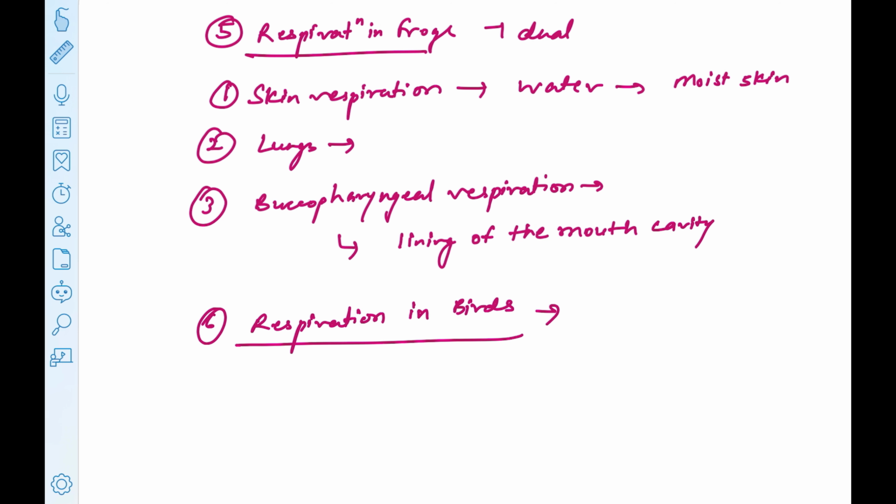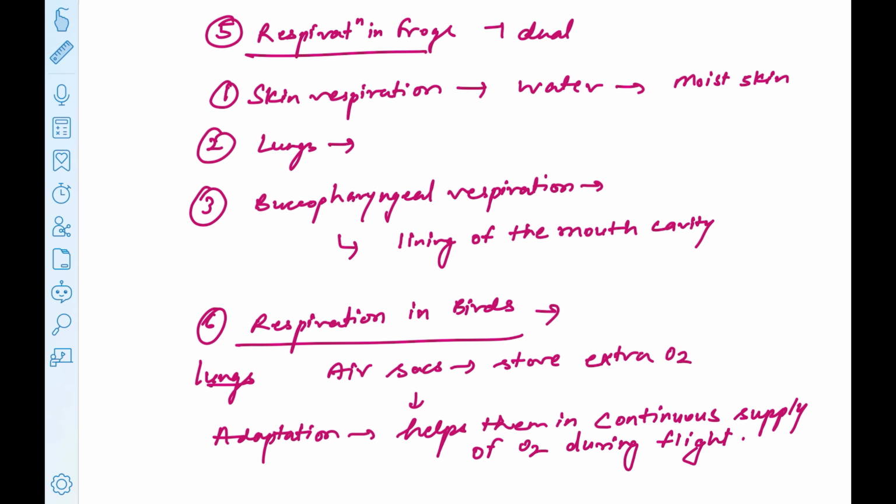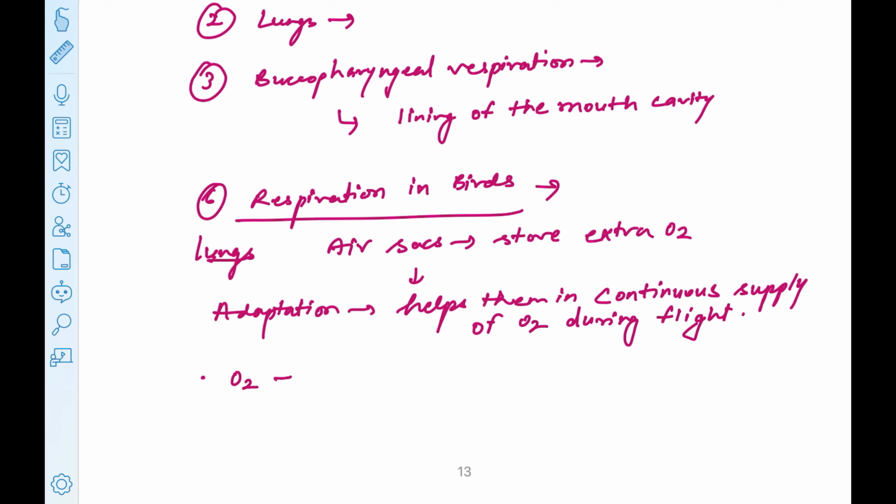Now let's talk about birds. Birds have lungs like mammals, but with air sacs, they store extra oxygen. This adaptation helps them in a continuous supply of oxygen during flight. Oxygen intake happens even when exhaling.